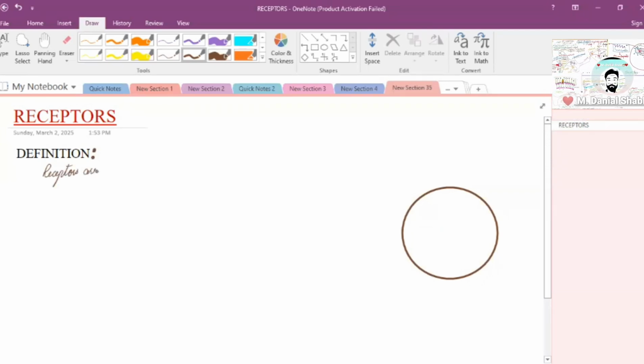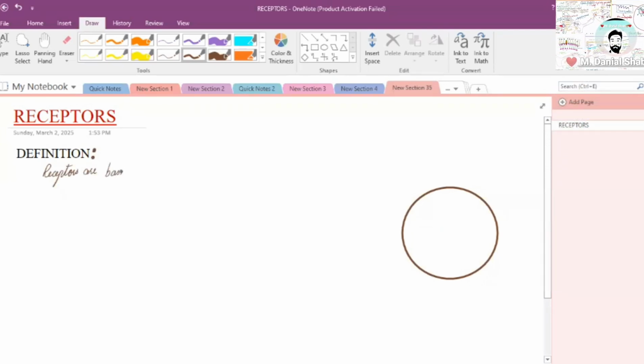Receptors are basically macromolecules through which a ligand is going to attach with it. With it means with the receptor. What is a ligand? I will discuss it after a few minutes.